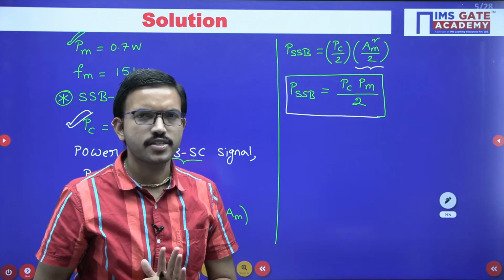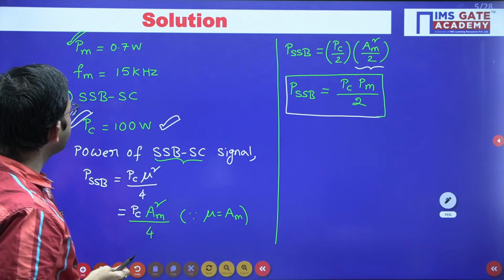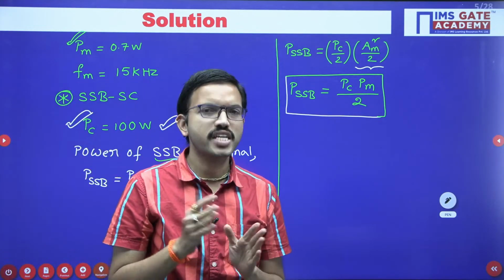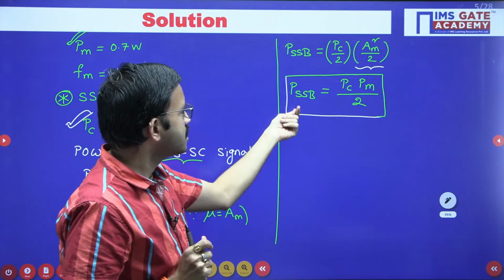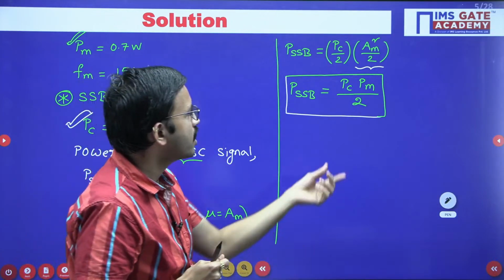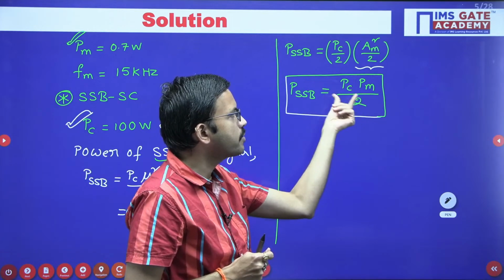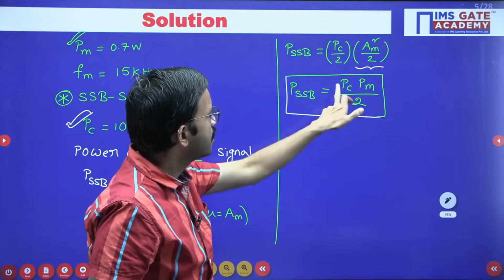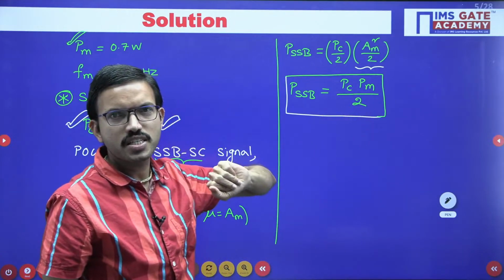So PC into PM is the total power of both the sidebands. But here we are considering only one sideband, so you have to consider half of the double sideband power: PC PM divided by 2. I hope it is clear.